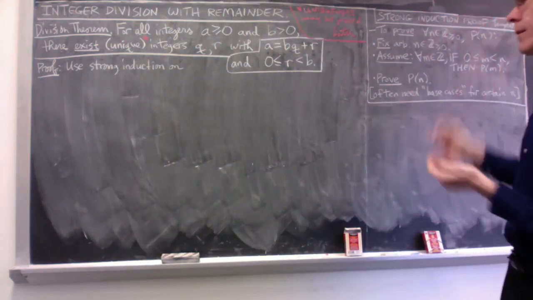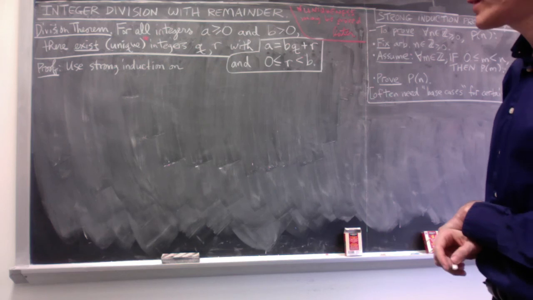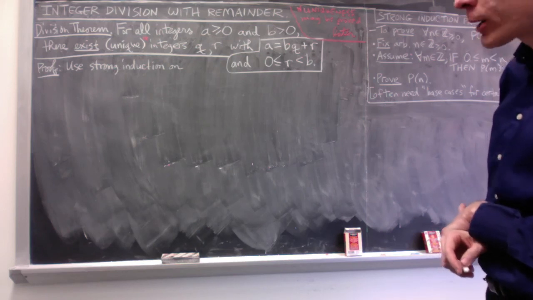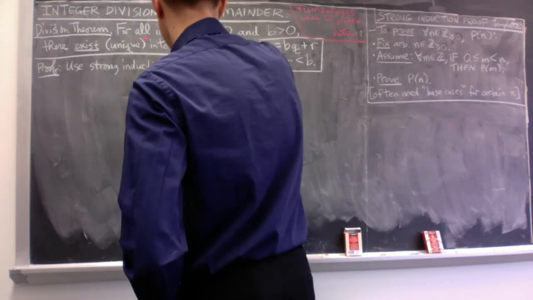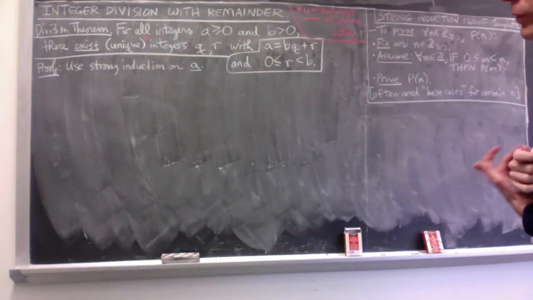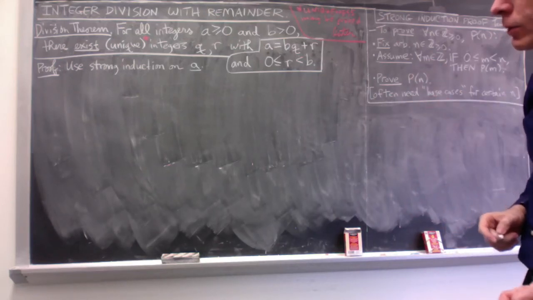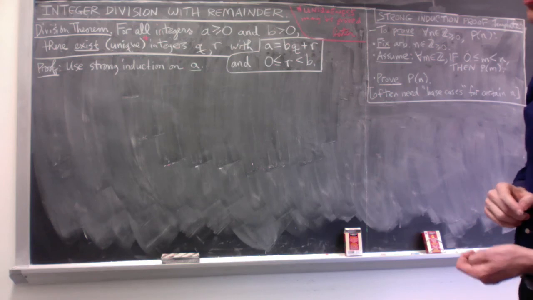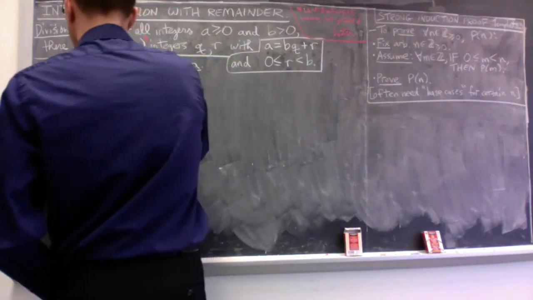There's maybe no way to know in advance, but I'm going to say that for this particular proof, using induction on A, strong induction on A, is the thing we want to do. And then we'll see how B and Q and R are all going to be quantified variables. But A is the induction variable, which has been always called N up till now. But you can call it whatever you want, right? So here we go.